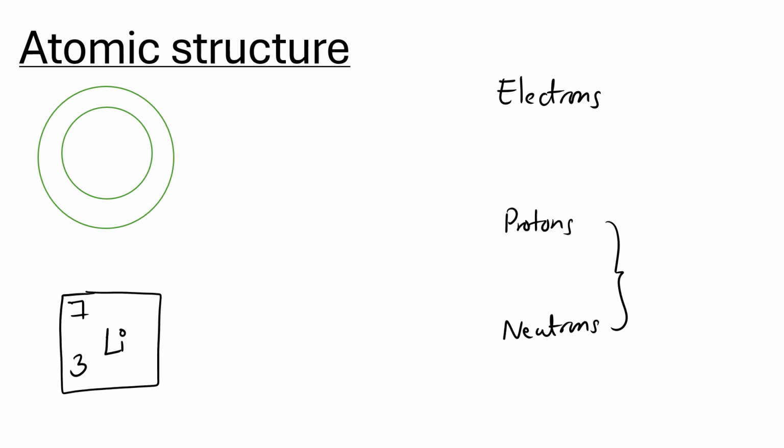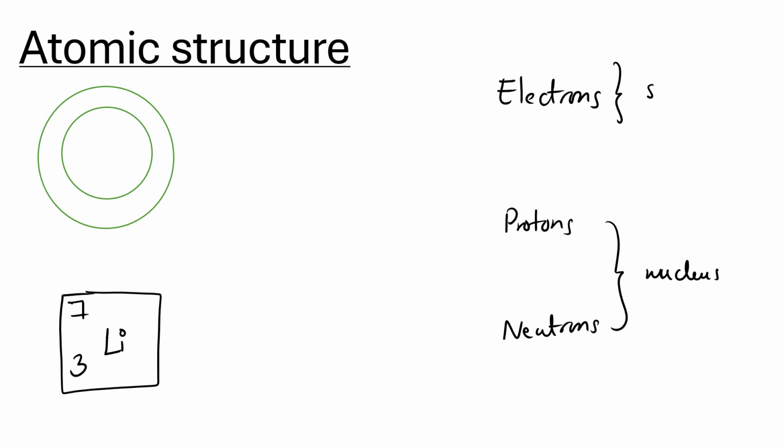Now the term I'm looking for is shared in biology, where a cell has this organelle that houses and contains DNA. What do you think that term might be? Yes, you're correct. The nucleus. So protons and neutrons are found in the nucleus.